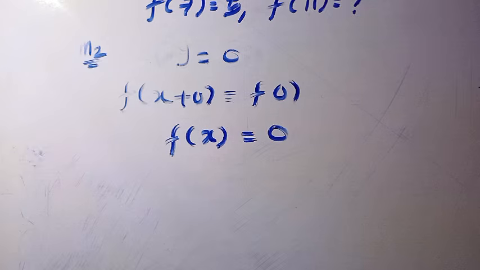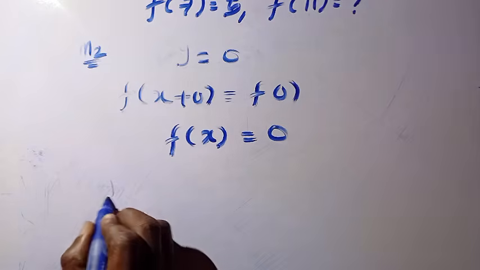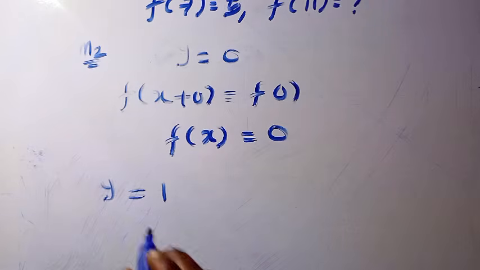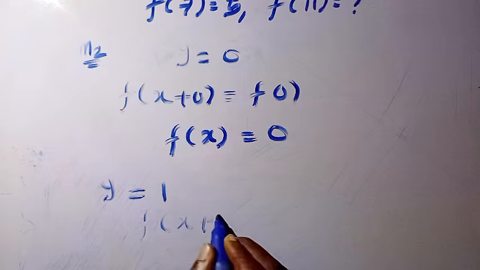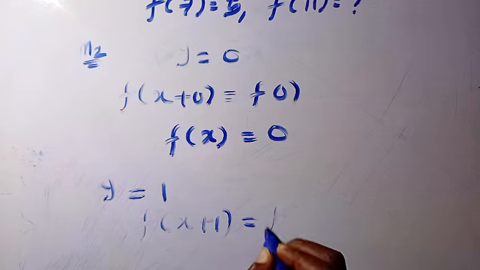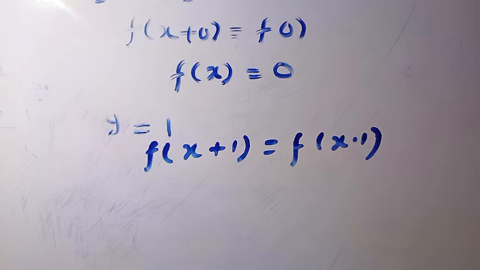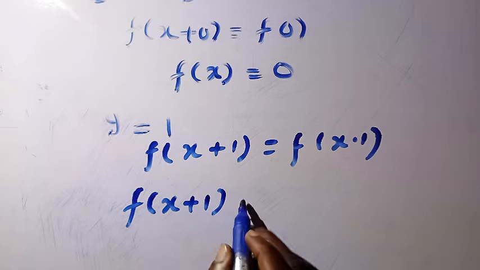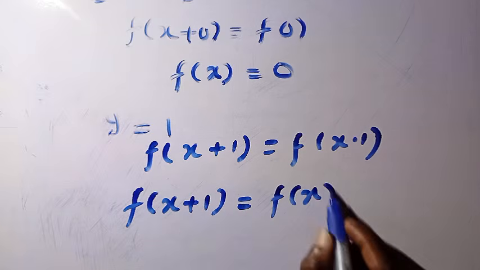If I assume y equals 1, we are going to have f of x plus 1 equals f of x times 1, so f of x plus 1 equals f of x.